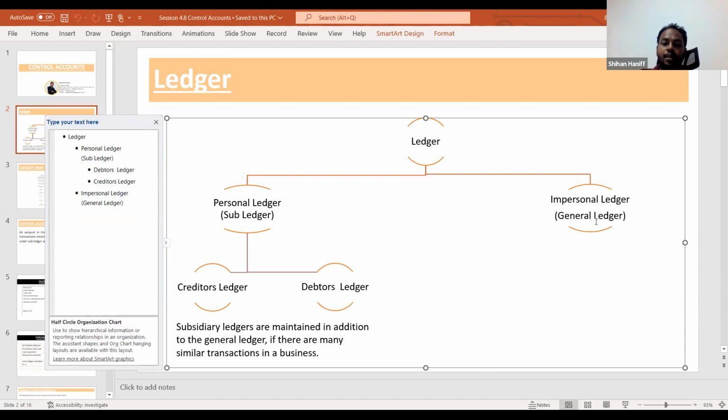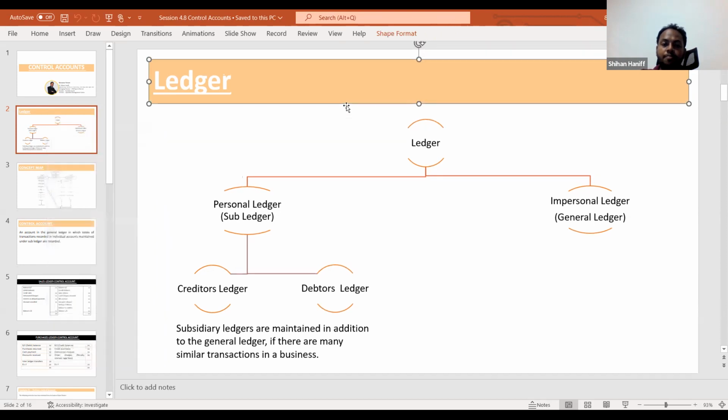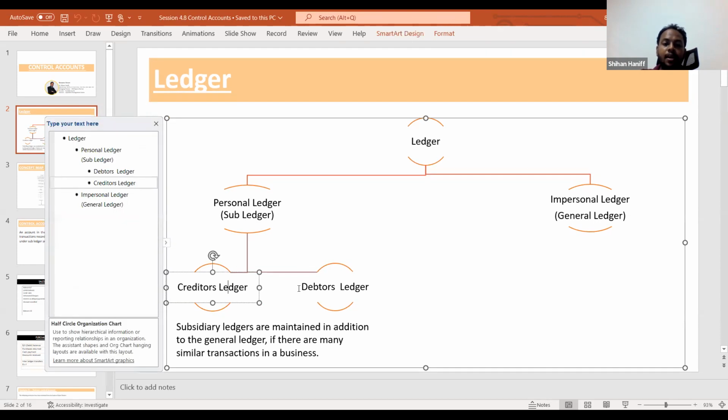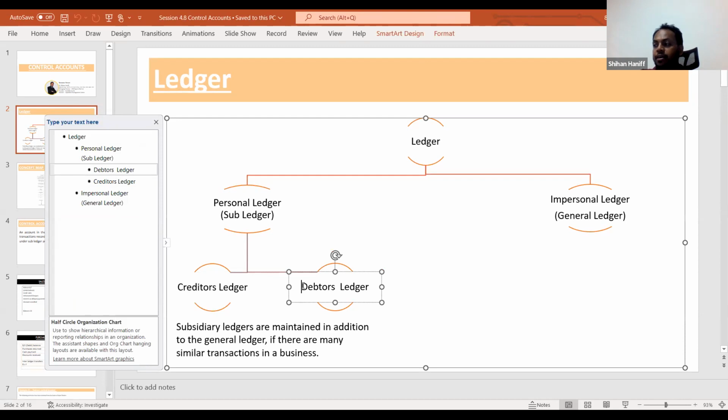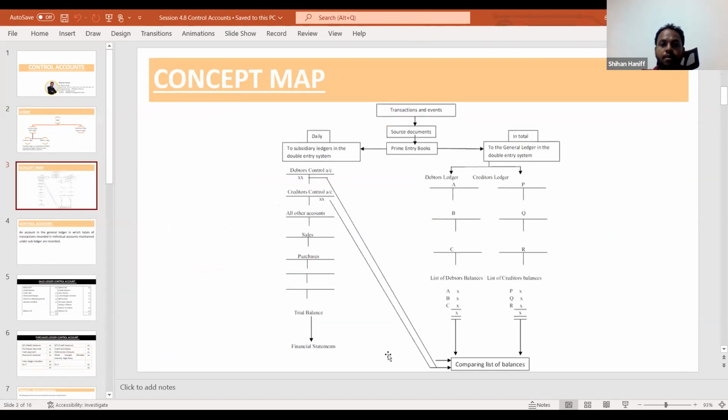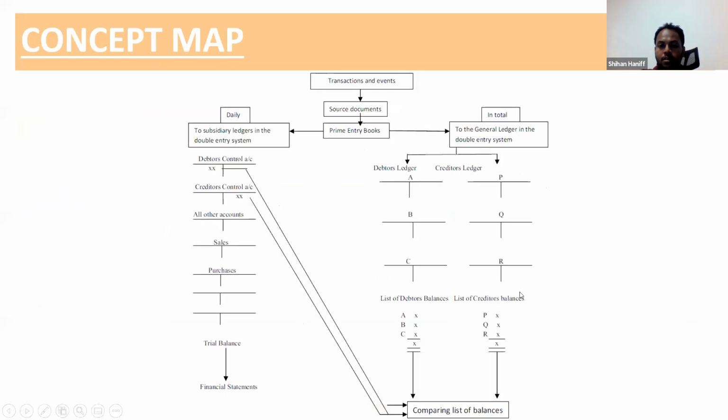In sub ledgers, there are two main types: creditors ledger and debtors ledger. Sometimes there can be a stock ledger and other ledgers as well. So this is how we show the difference between the general ledger and sub ledger.